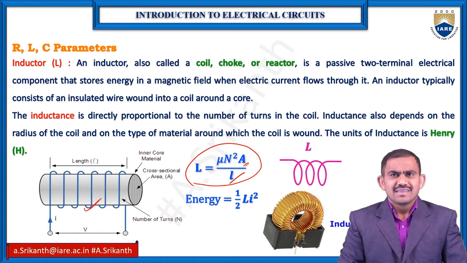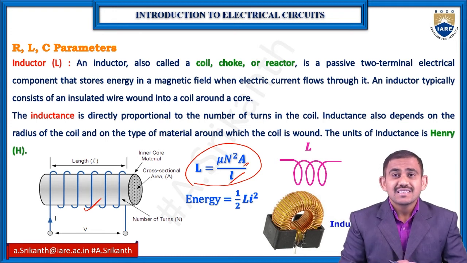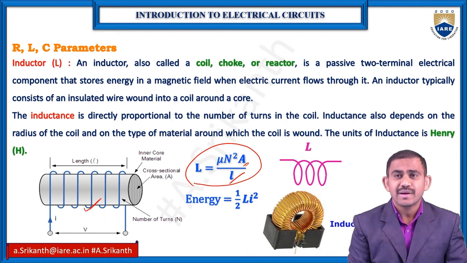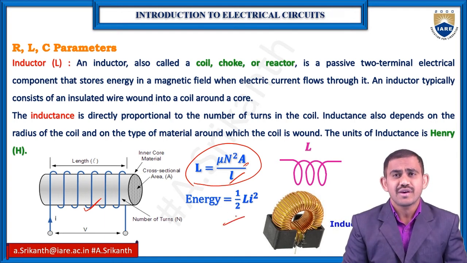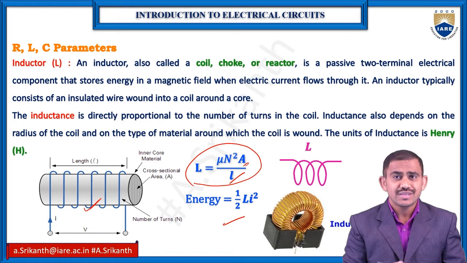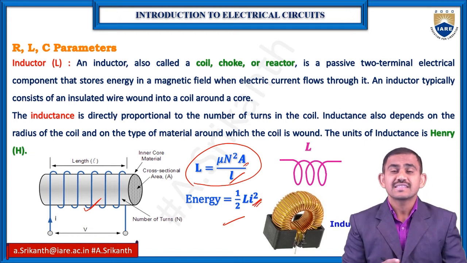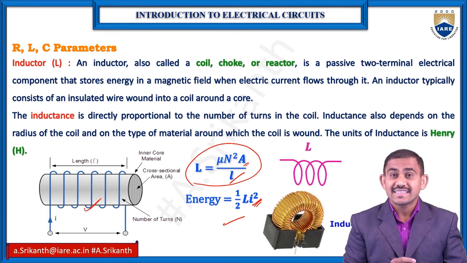An inductor stores energy in the form of current. The energy formula for an inductor is 1 by 2 into L I square. So it stores the energy in the form of current.